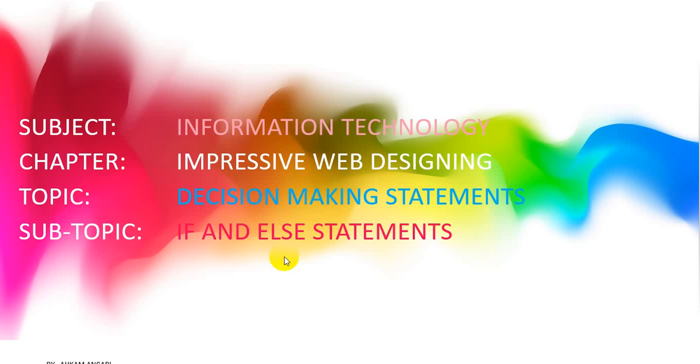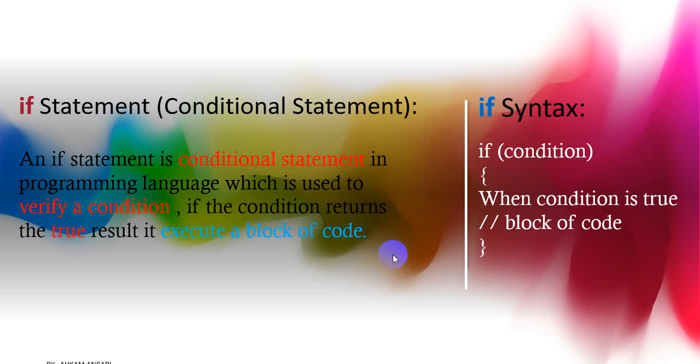So let's have a look at the if block, which we have already learned, but let's have a refresher. In an if statement we have to put a certain condition, because remember, in the else block we don't write any condition, because else is the default code which will execute when the condition is false. We are not going to write any condition inside the else block.